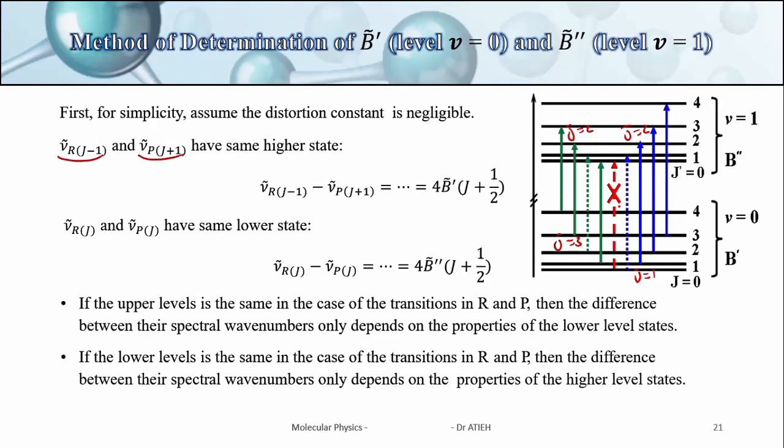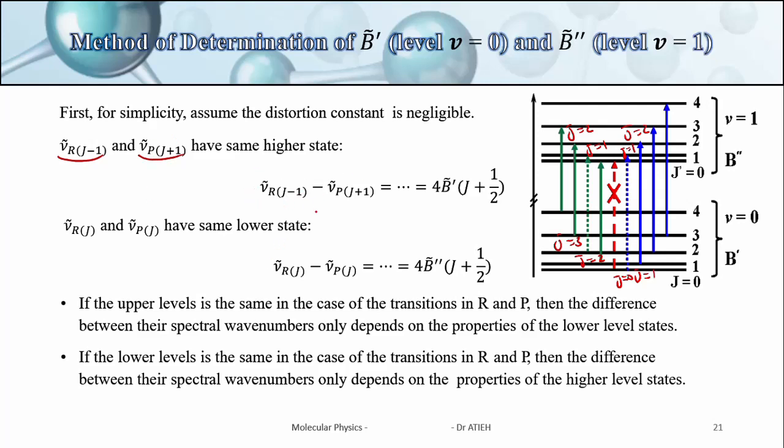Same for these dotted lines here: this one goes from J0 to J1, and this one starts from J2 and ends up at J equals 1. You can take any two spectral lines that have the same higher state. So they are called nu R J minus 1 and nu P J plus 1.